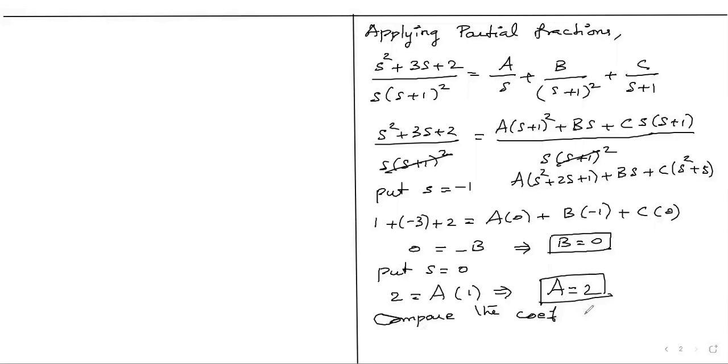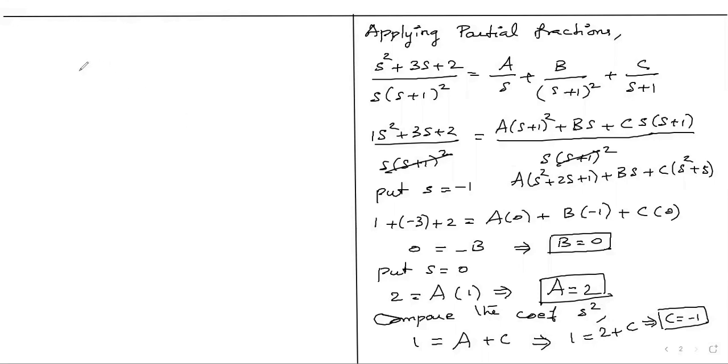Comparing the coefficient of s square, on the left hand side the coefficient of s square is positive 1. So 1 equals a plus c, since the coefficient of s square is a, and also c. We know that a equals 2. Just apply there 2 plus c. So what is my c? C equals negative 1. Clear?